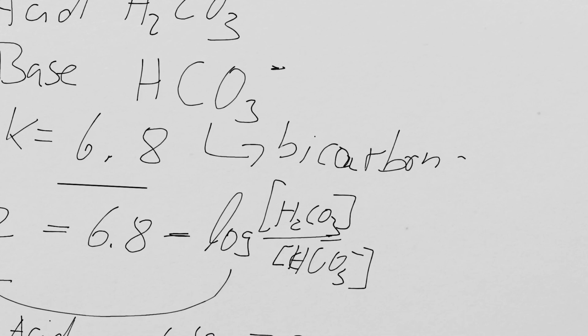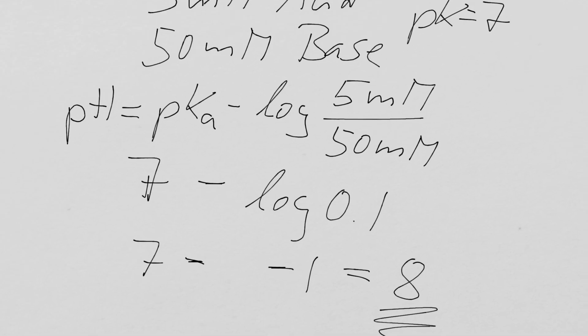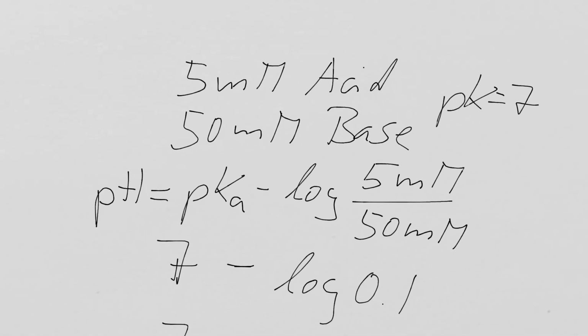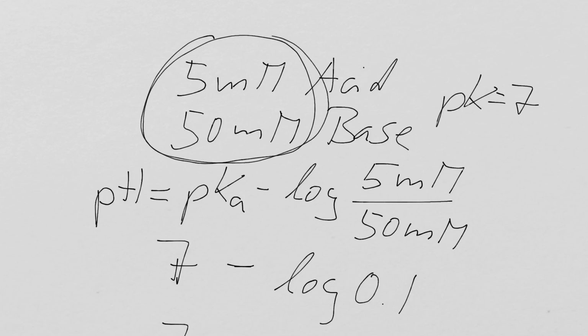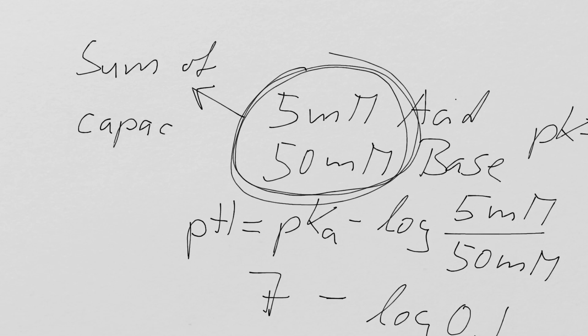One thing that I haven't told you so far is that we have an acid and the corresponding base, and the total concentration of both together, which in this case would be 55 millimolar, the sum of that is called the capacity of the buffer. Okay?